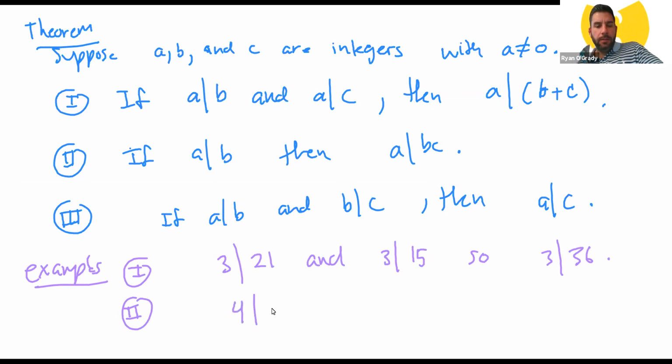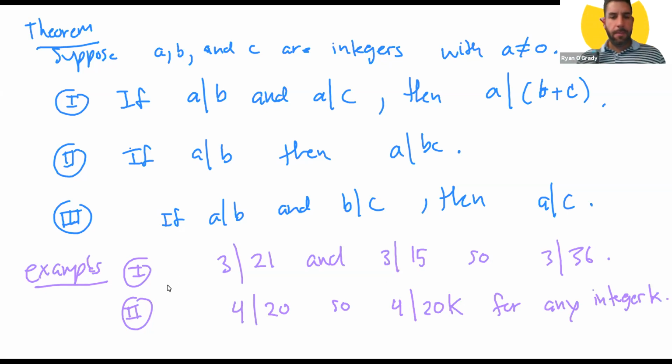For the second, 4 divides 20. So 4 must divide 20 times k for any k that's an integer. I'm using a different letter: instead of C, I'm using K.